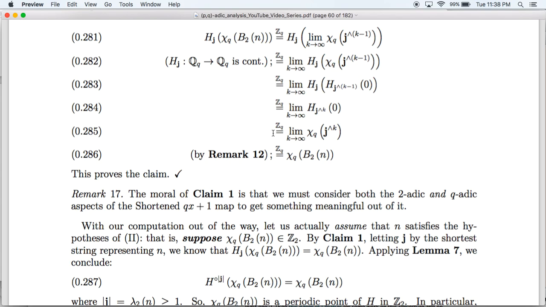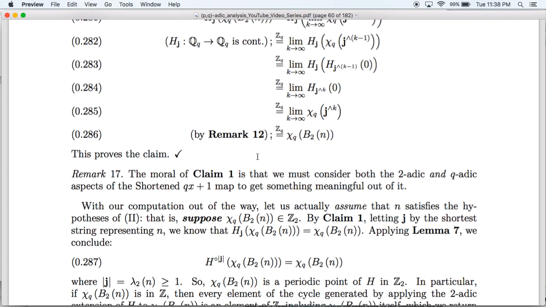However, because our map is an affine linear map with rational coefficients, the fact that it's fixed in this realm means that it's also fixed in Q. So this is the craziness of this. We go from this, and so we know that h bold J fixes this number.